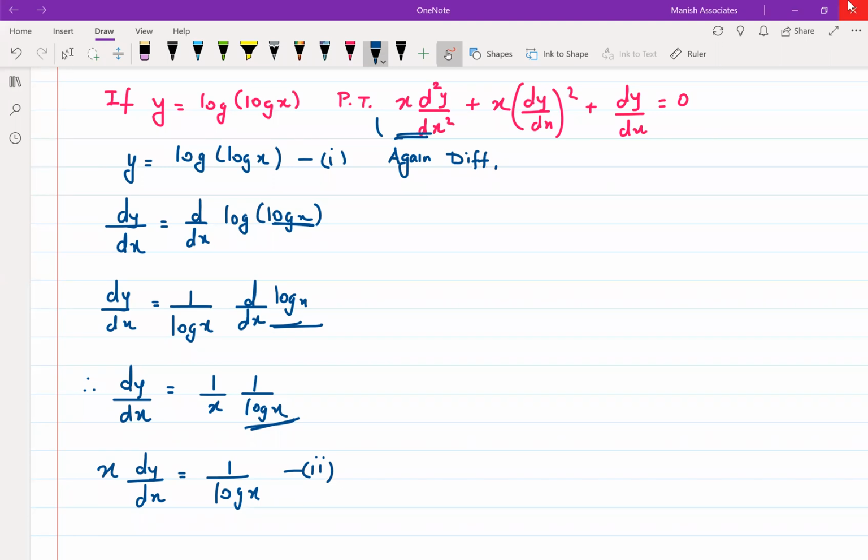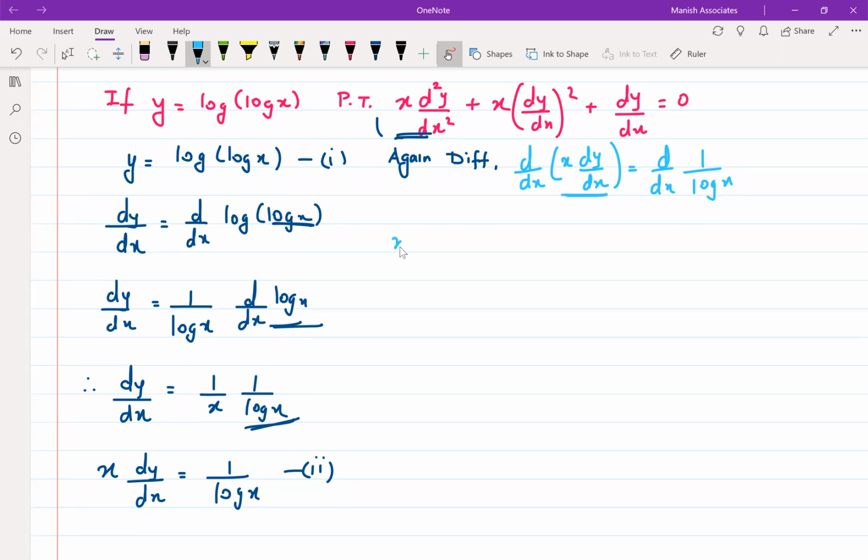So when I do that, now please concentrate and see what happens. Now a lot of changes will happen in this step, okay? And I want everybody to be attentive over here now. So when I again differentiate, I'll get d by dx of x dy by dx is equal to d by dx of 1 upon log x. Students, we are just almost going to finish the sum. Now here on the LHS, apply the product rule.